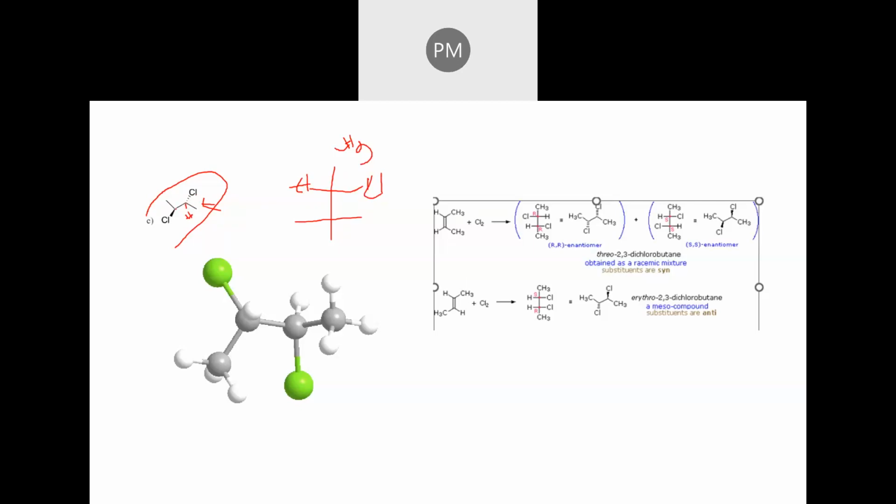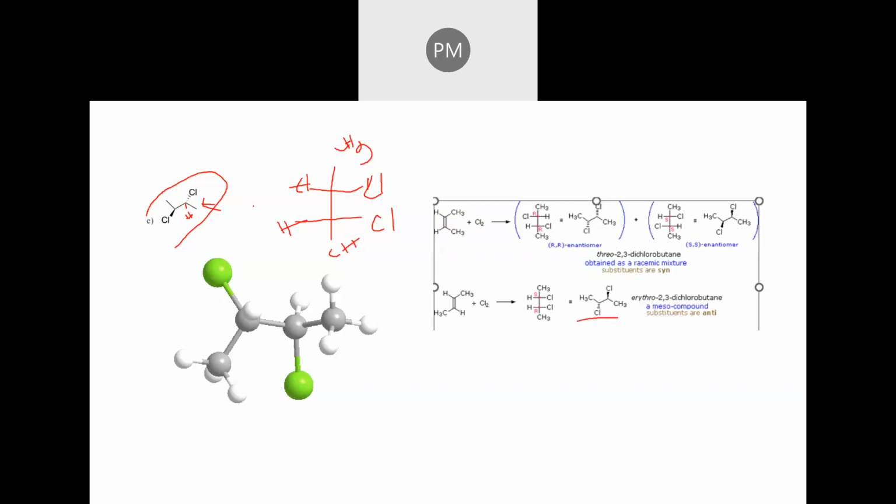And if we show this side, this side is also like that, with our chloride similar to that molecule.